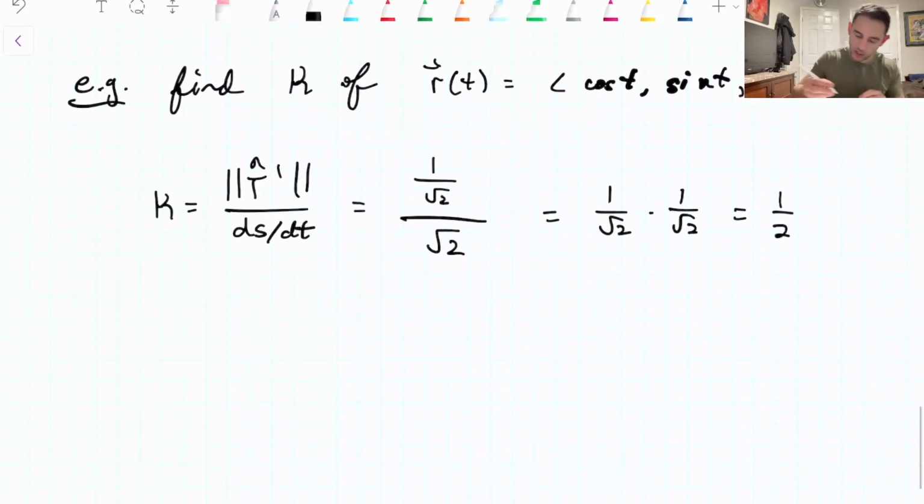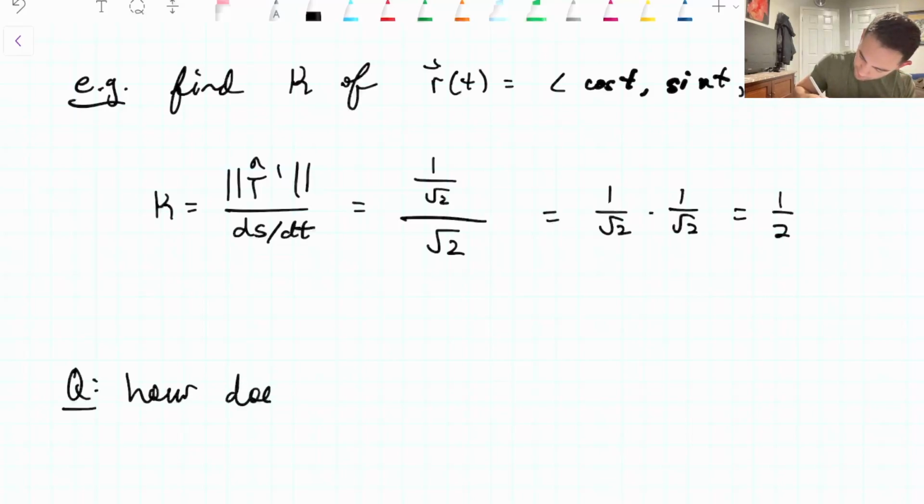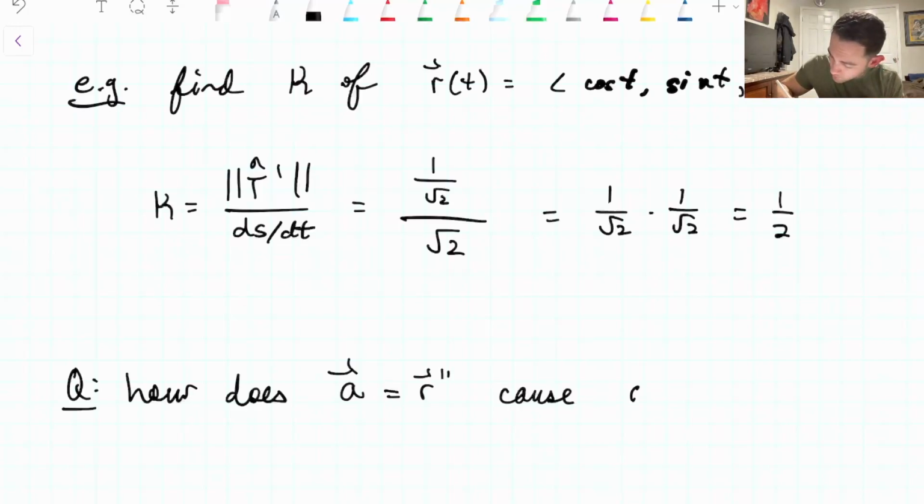So a really important question should be, how does acceleration, right, r double prime, the second derivative vector function, how does the acceleration vector cause curvature? If curvature means some flavor of concavity, how is the acceleration vector related to that curvature?